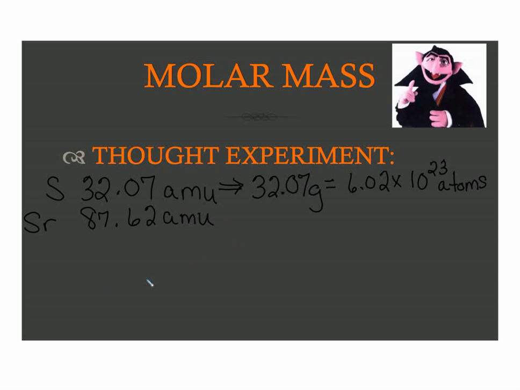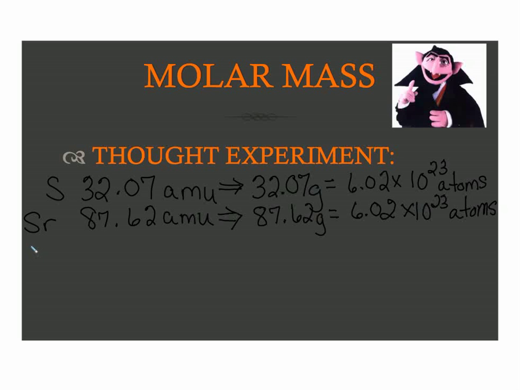So if I took that atomic level weighted average of protons plus neutrons, and I weighed out the numerical equivalent of that in grams, and then counted 1.91 times 10 to the 16 years later, I would find out I have 6.02 times 10 to the 23rd atoms. Not sure if you're noticing a little pattern yet, but let's see.